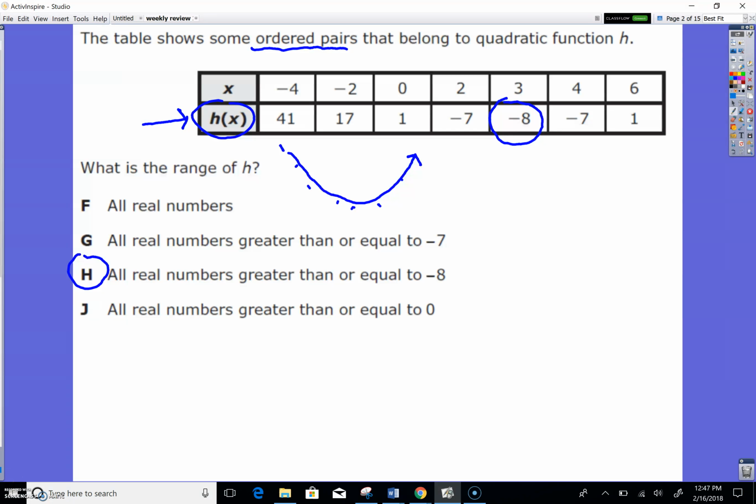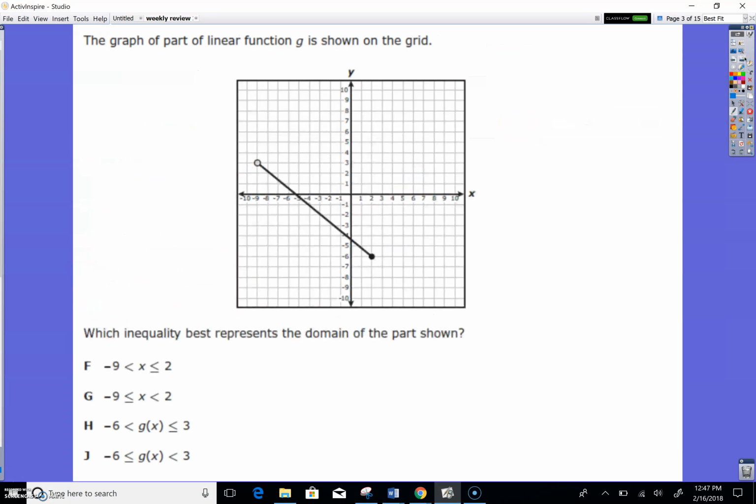Okay, next problem. This one, they ask for the domain, okay? Remember, domain is your x, all the values of your x. So when we do this, we look left to right. It starts here and it ends here.